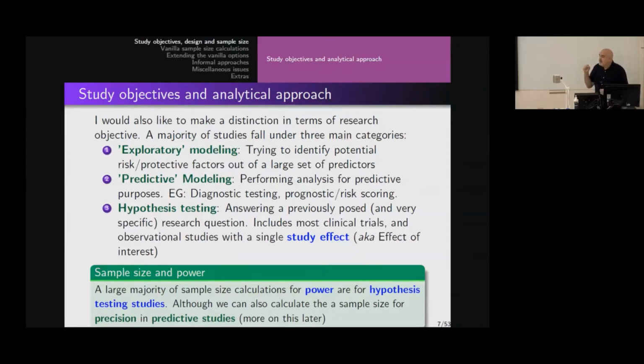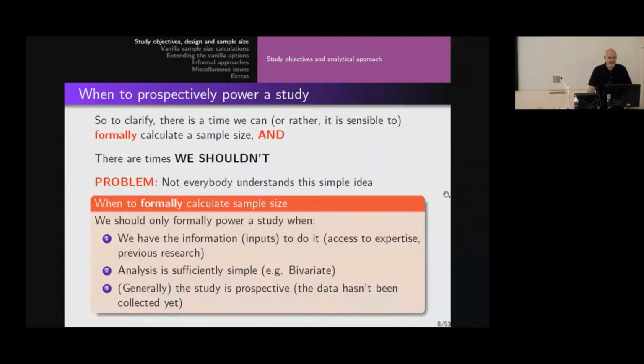So if BMI is important, what's our chance of demonstrating that, okay? There are also sample size calculations called precision calculations, where power doesn't come into it, and that might be in predictive studies. So for example, we might want precision of sensitivity or precision of specificity or something like that, okay? And I'll come back to those right at the end.